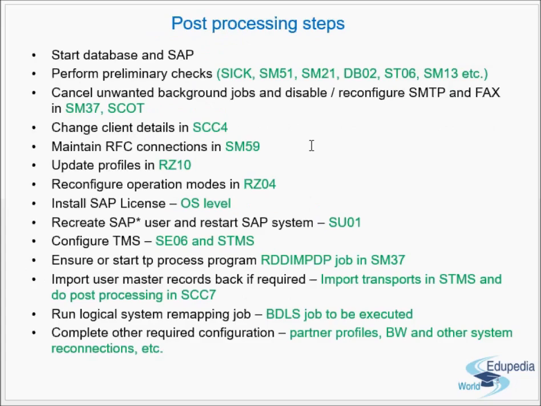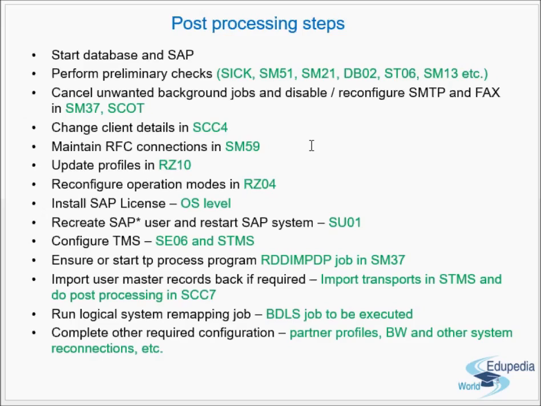But all these configurations like RFCs and jobs need to exist and run only in production, not in the mirror. So that's why you have to disable the jobs, and then disable and reconfigure fax and SMTP. All these are very important, because generally the mirror system resources are quite less compared to that of production.